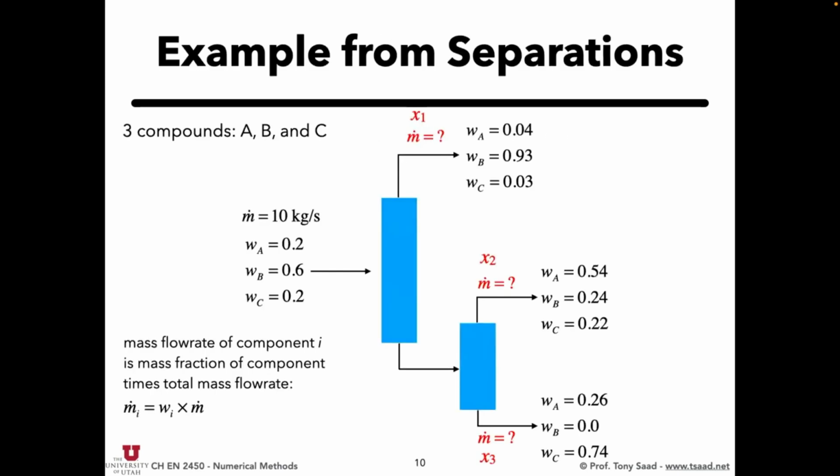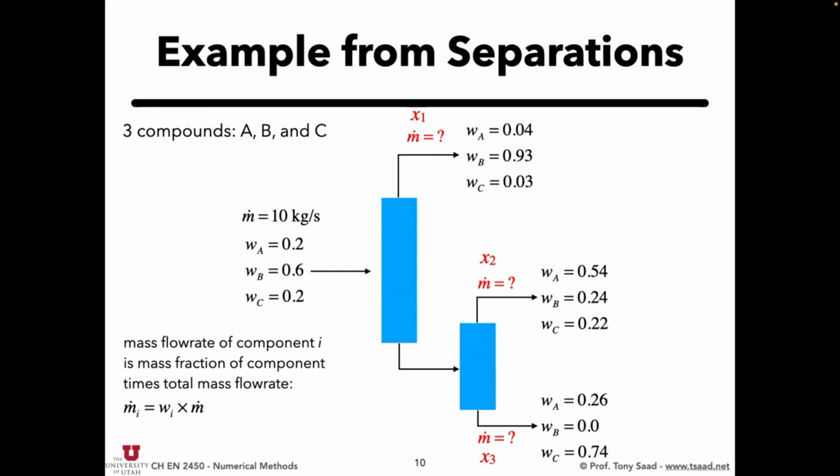Okay. So now I'm going to take an example from separations and show you how you can derive a system of linear equations. Now, in this course, again, remember, I'm not holding you accountable to derive the physics. Generally, I'll give you the system of equations and tell you what it describes.